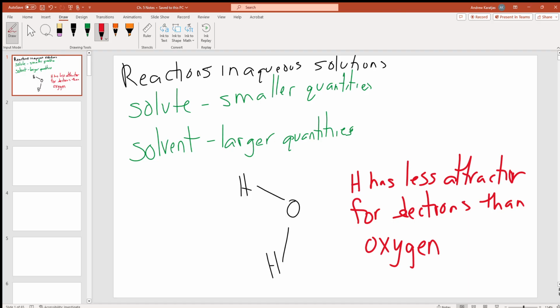And because of that, these electrons in the bonds between hydrogen and oxygen, while they're shared, these are not ionic bonds.